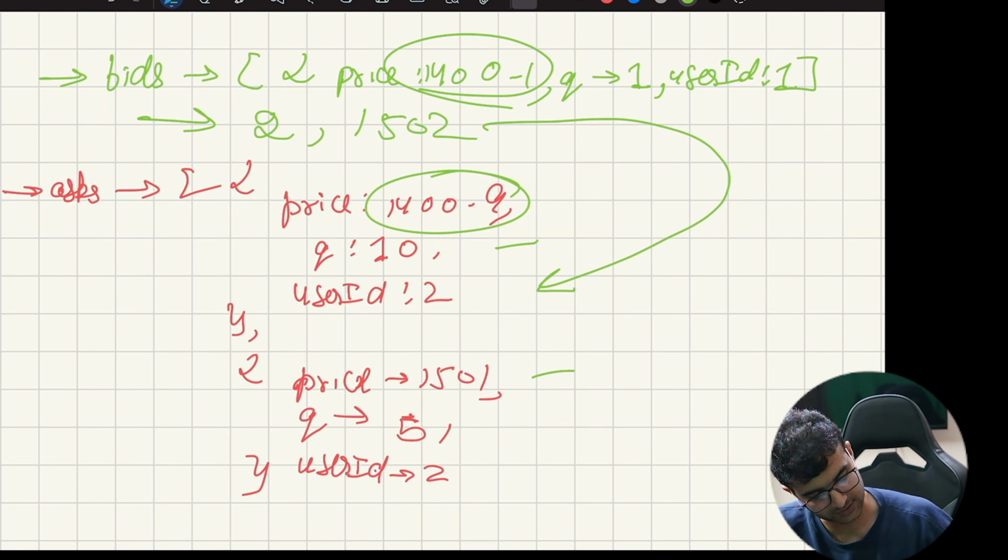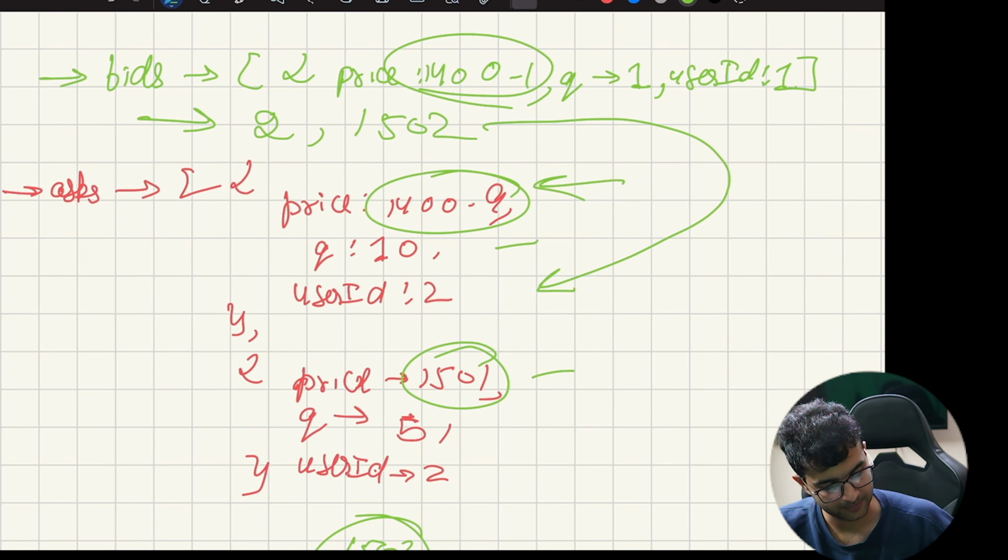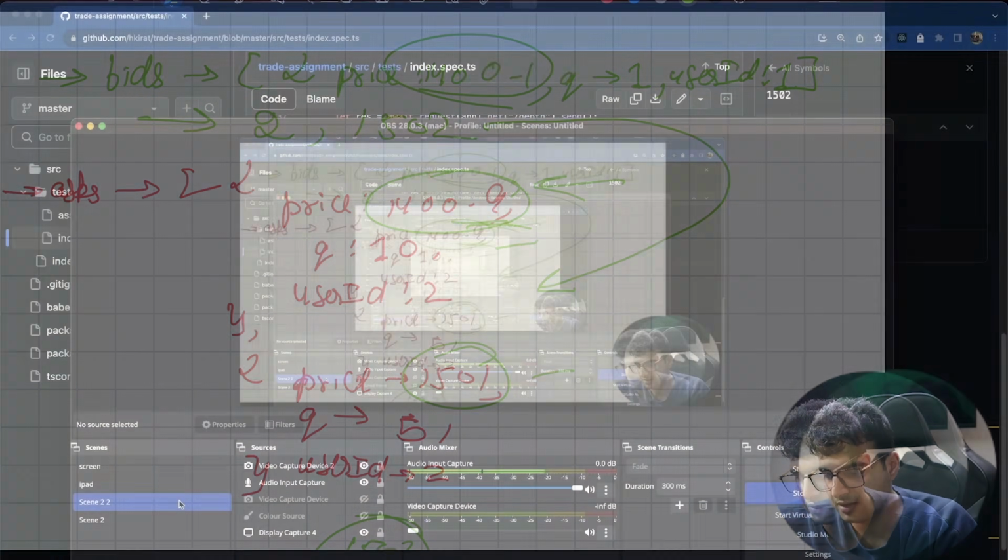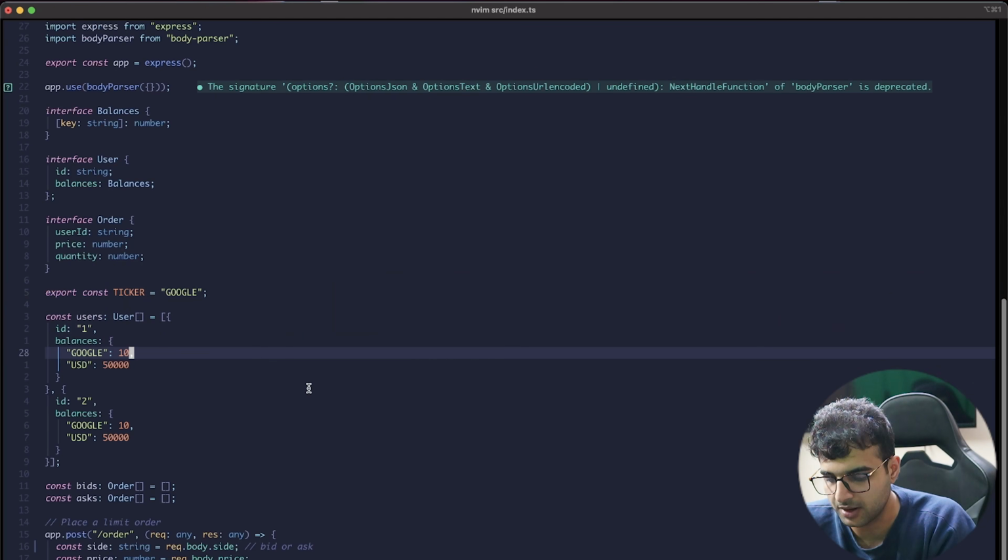Should it hit this guy right here? Should it hit this guy right here? Or should it just debit 1502? The answer is, it should hit this order right here, and this order is what should get matched ideally. But if you remember, I told you guys that our code has a small bug.